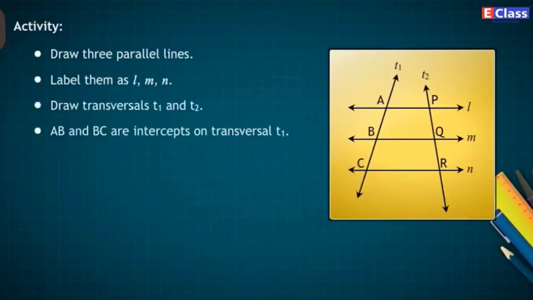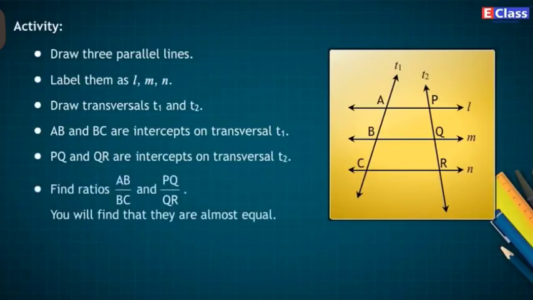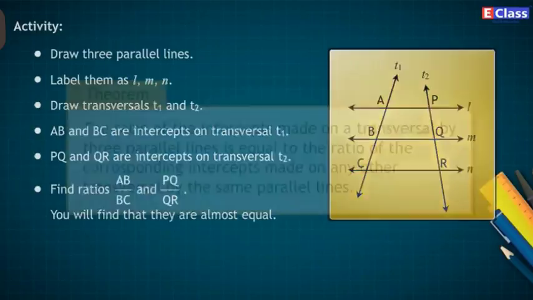AB and BC are intercepts on transversal T1. PQ and QR are intercepts on transversal T2. Find ratios AB upon BC and PQ upon QR. You will find that they are almost equal.